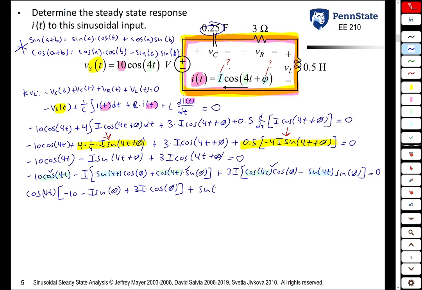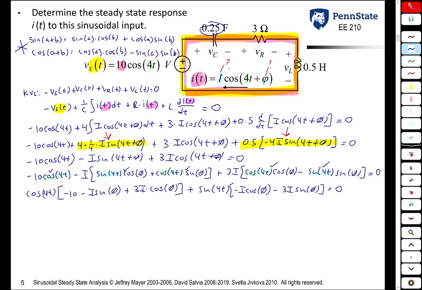Plus sine of 4t times minus I cosine of phi minus 3I sine of phi. And all of that equals 0. So all that we're doing here is combining the cosine of 4t terms together and grouping the sine of 4t terms together.